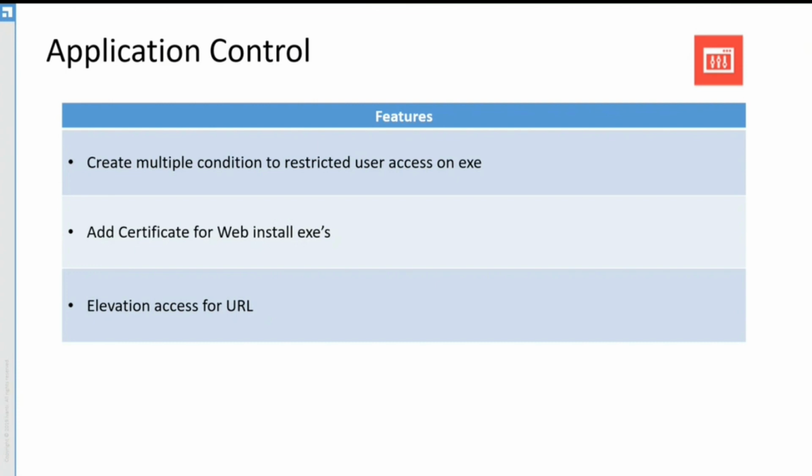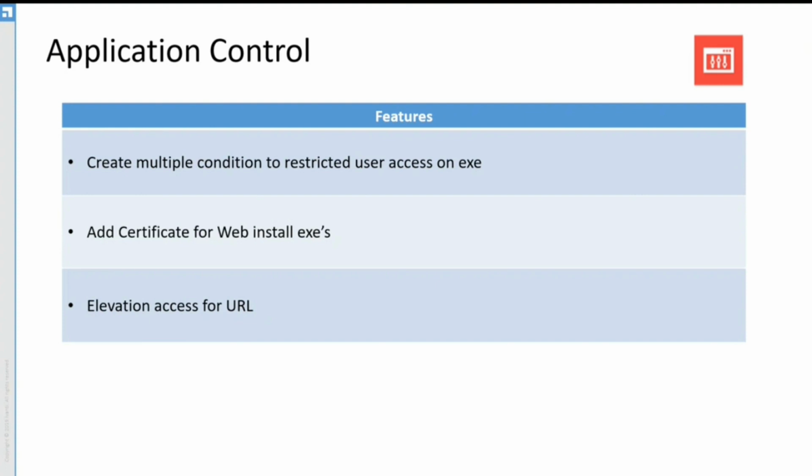We'll ask the customer to create an AD group, say Visual Studio users, and then we will add that AD group in application control and give access to Visual Studio for that AD group only. This is how you can restrict the user from running any exe, okay?